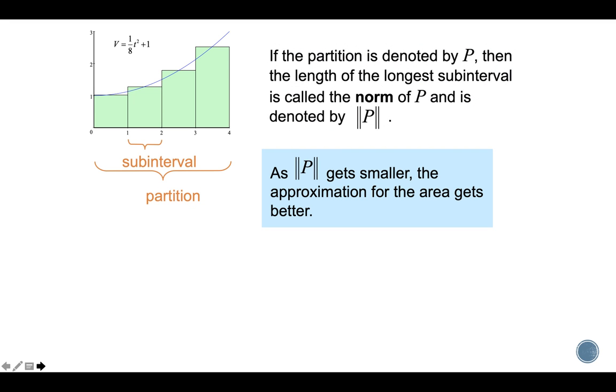As the norm of P gets smaller, the approximation for the area gets better. That makes sense. We talked about if there are more rectangles, the approximation gets better. So if there are going to be more rectangles, it makes sense that the norm of P would get smaller.